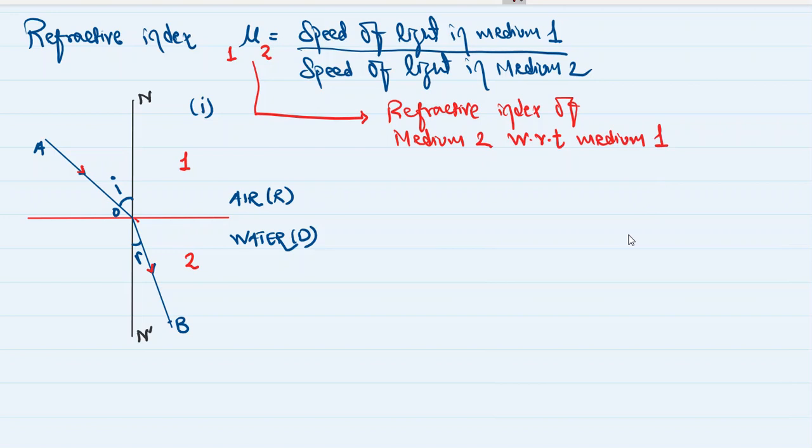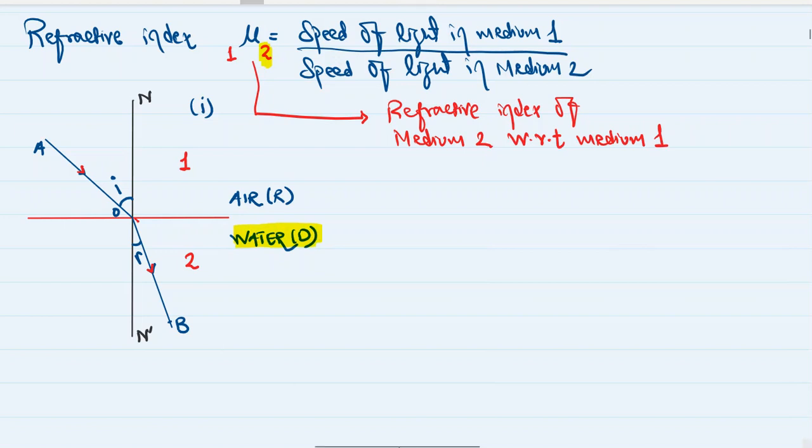Refractive index of medium 2 with respect to medium 1 is speed of light in medium 1 upon speed of light in medium 2. So whenever we speak about refractive index, we always focus on the second number. This refractive index is of the second medium. Second medium here is water.